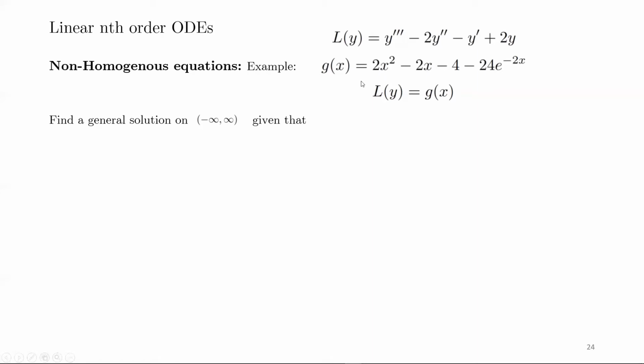And we're saying that when we apply this linear differential operator to y, that is equal to g of x, this polynomial subtracting an exponential. We're asked to find a general solution on the whole real line.